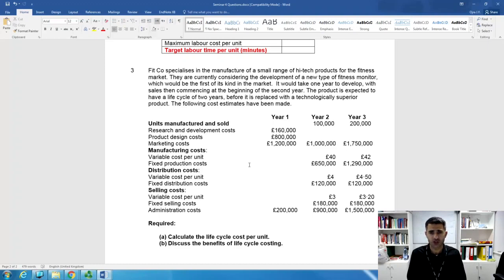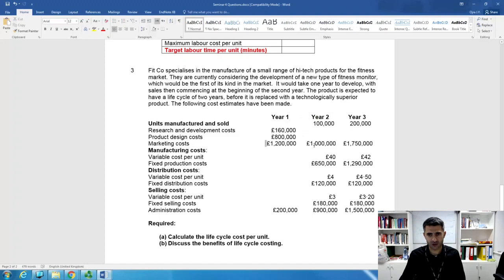With this company, as you see, they have 3 years, and each year there are available costs. For example, in year 1 we have research and development and a product design here. That's only in year 1, for example.